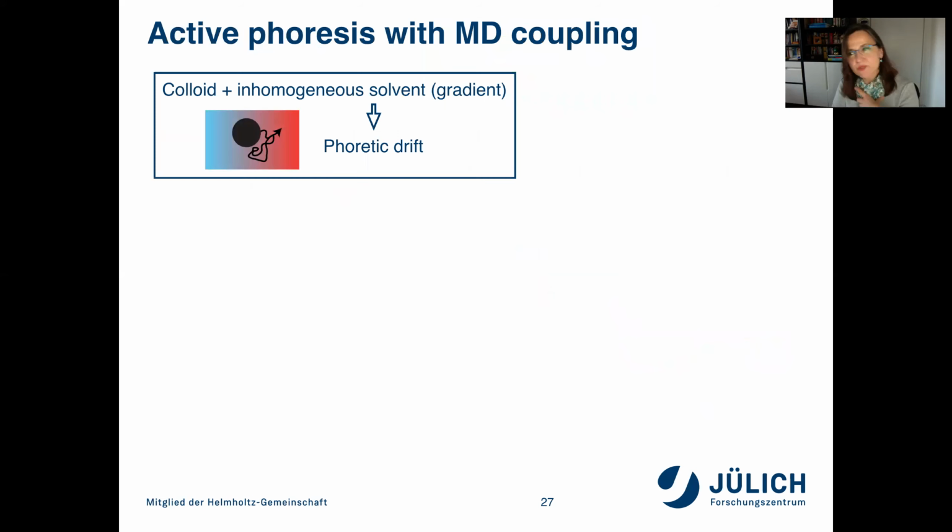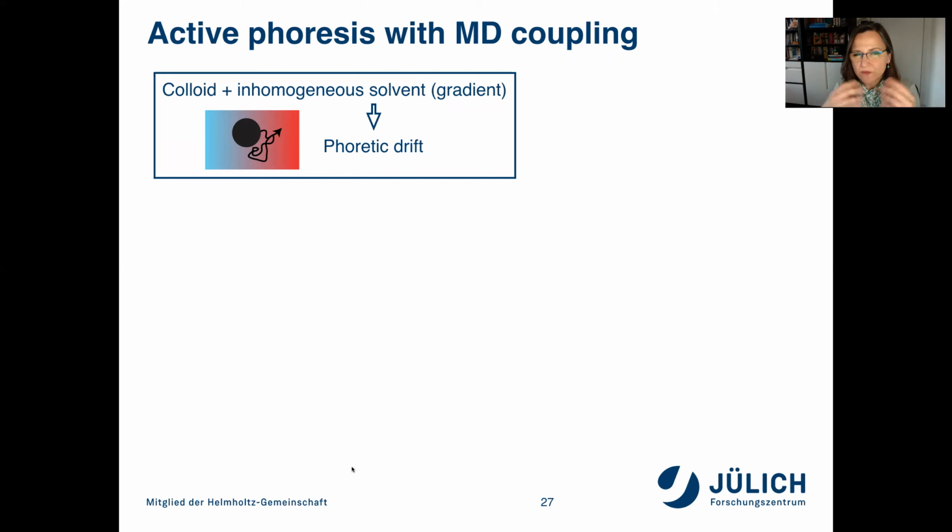And in terms of active matter, a very important example for which this has been used is to simulate active phoresis. I don't know if phoresis has already been introduced in the school. So just let me briefly say that if you have a colloid in a system that is not homogeneous, it can be a gradient of temperature, warm and cold.